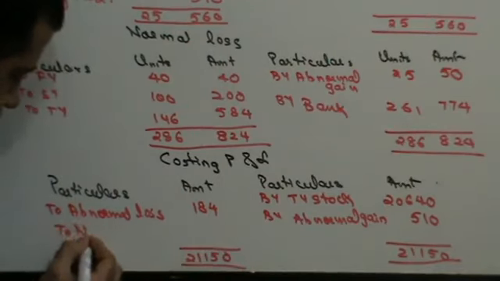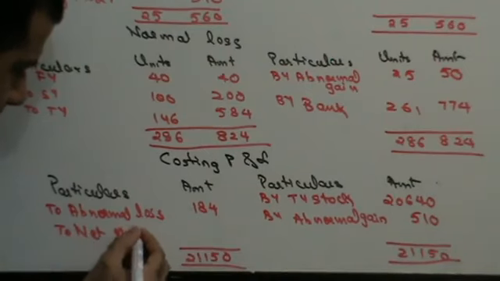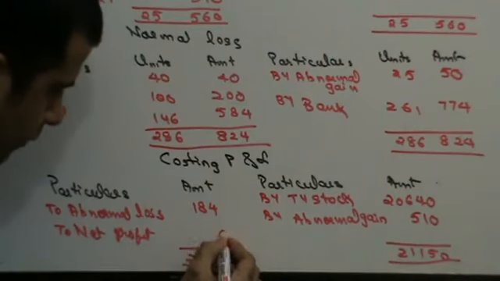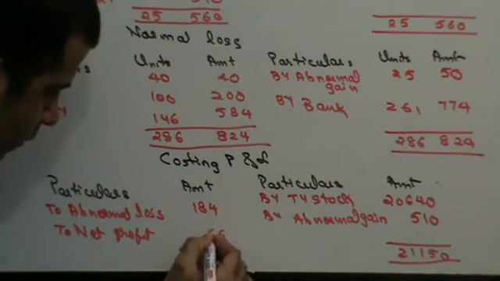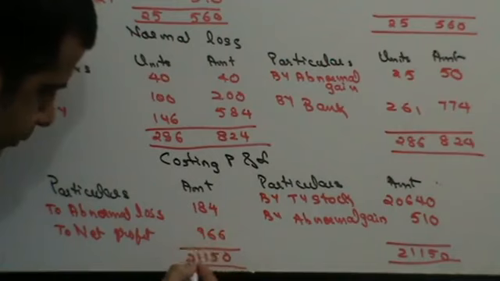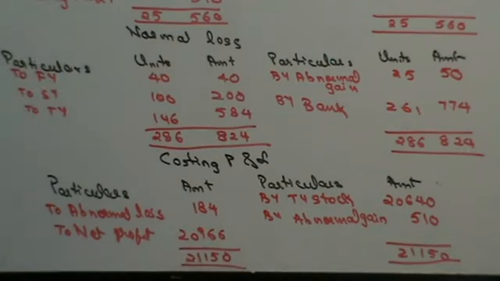The difference will be called as net profit. 20,966. Fine, do we get this? So that will be your net profit.